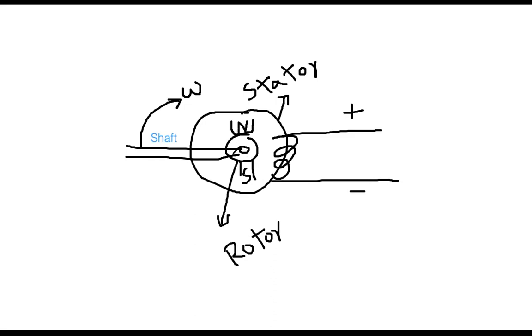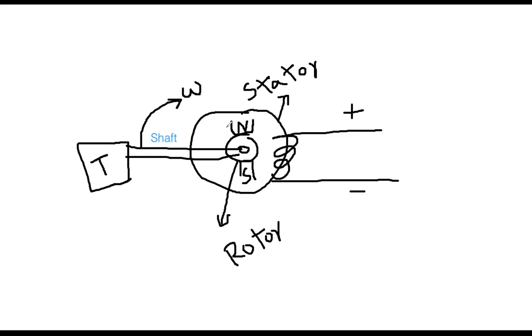And that magnet is rotating. In this portion, there is some sort of turbine, whether coal-based, oil-based, gas-based, steam turbine, nuclear turbine, wind turbine, whatever it is, with the help of the turbine this shaft is rotating. This means this magnet is rotating, but the coil is fixed.